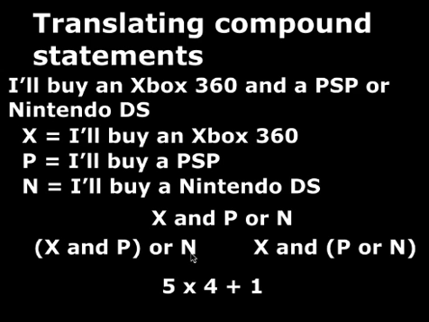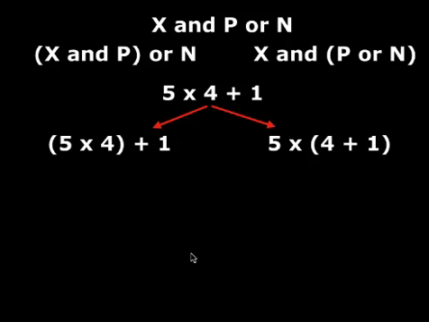This is similar to the ambiguity you would get with this statement, 5 times 4 plus 1. There's two different things this could mean. Let me go ahead and rewrite this up here. In the same way that this is ambiguous and could mean either of these, this statement is ambiguous and can mean either of these. It could mean either 5 times 4, which is 20, plus 1, which would be 21, or it could mean 5 times what? 5 times 4 plus 1, which is 5.